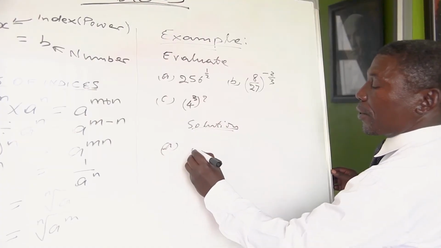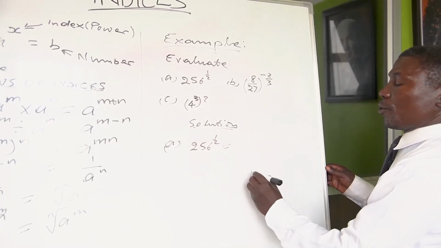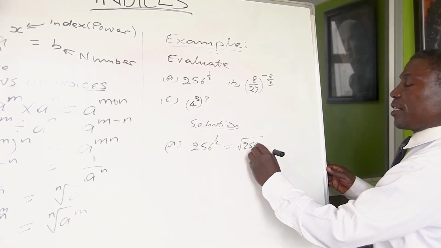Solution, part A. 256 power half will equal the square root of 256.